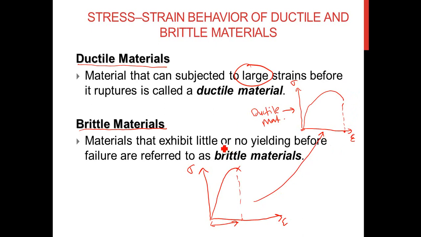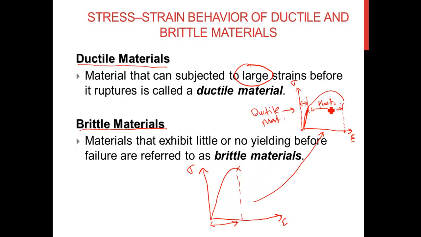And also brittle material normally has no plastic region. We can see here this is basically a straight line. So here is the elastic region, and from here to here is the plastic region. But for brittle material, normally the plastic region is very small, and sometimes there is no plastic region.